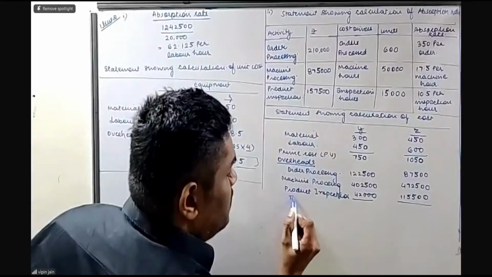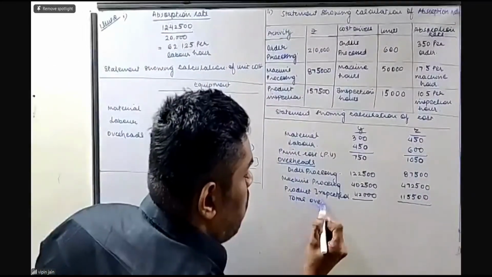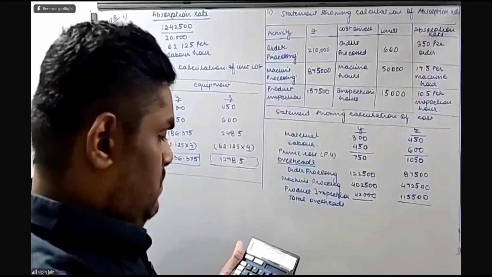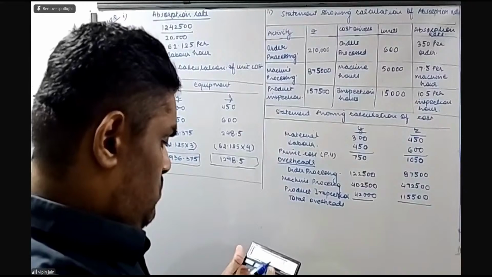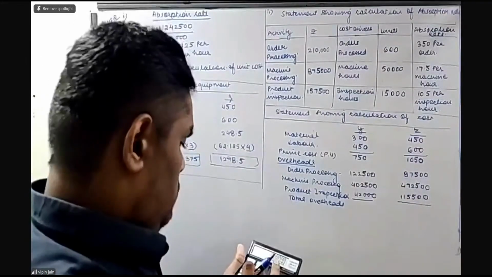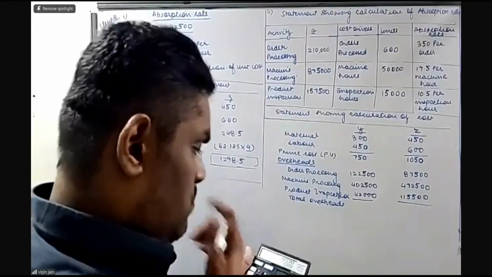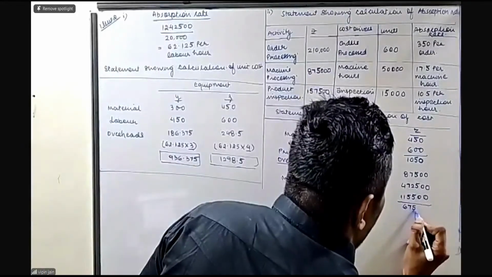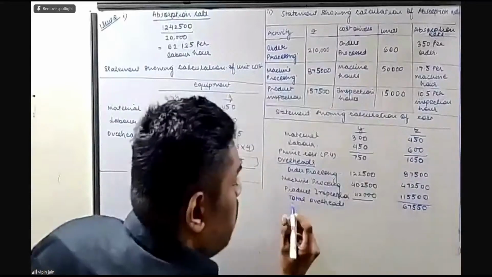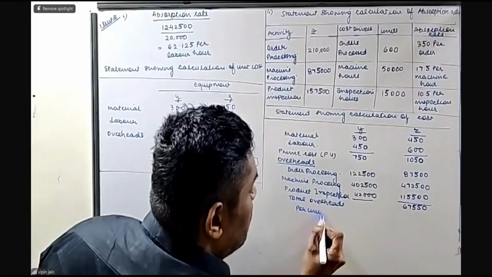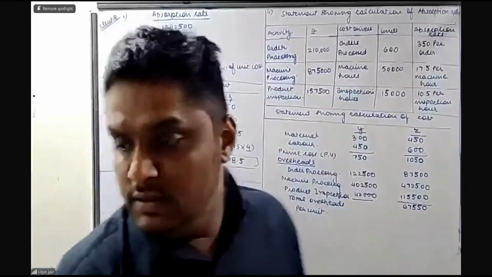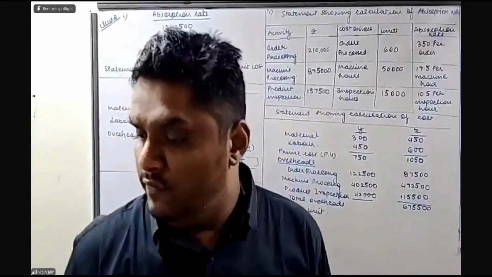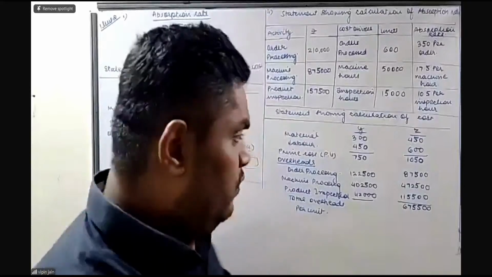So total overheads will be 675,500. Per unit overheads will be divided by the number of units. The number of units are 3125.